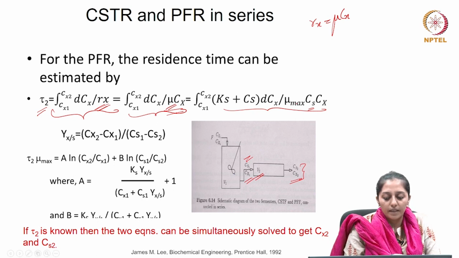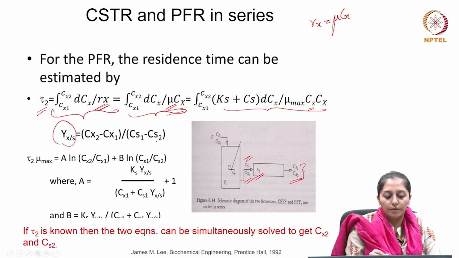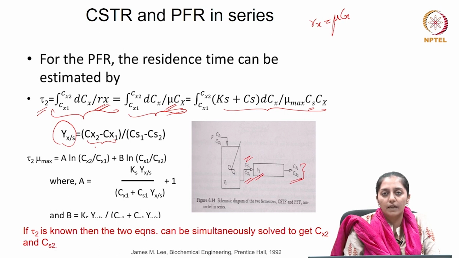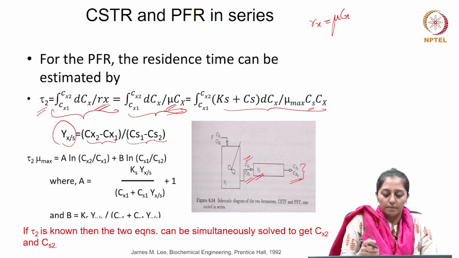So, now this has two variables, CS and CX. In order to integrate this, we first need to substitute one variable in terms of the other. For that we have another equation of yield coefficient YX/S, which is CX2 minus CX1 by CS1 minus CS2. So, the numerator is the amount of biomass produced in this batch reactor and the denominator is the amount of substrate consumed in this batch reactor.